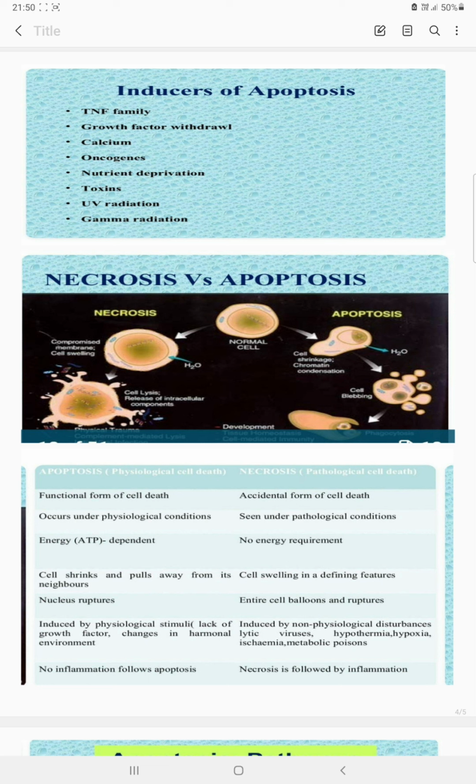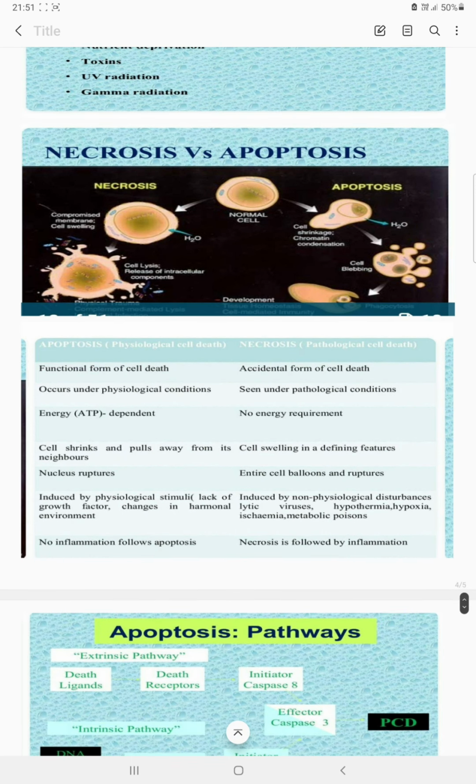The first is the TNF family, as I already told you about TNF alpha and beta in previous slides; you can go back and read there. The next ones are growth factor withdrawal, calcium, oncogenes, nutrient deprivation, toxins, UV radiation, and gamma radiation.